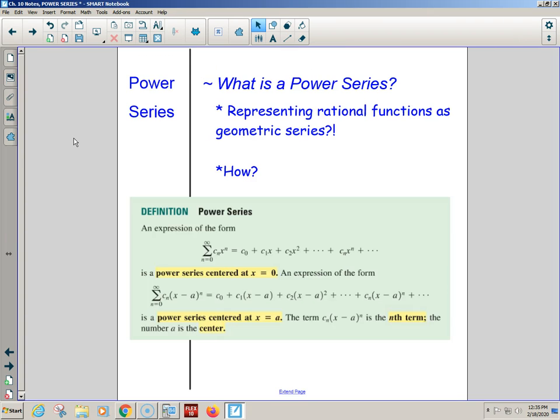Okay, you guys ready? The next example is trick B. I want you to write the function 1 over 1 minus x. The rational function, 1 over 1 minus x. And I want you to do a long division with it. You should be unhappy with that because we only do long division with what kinds of fractions?